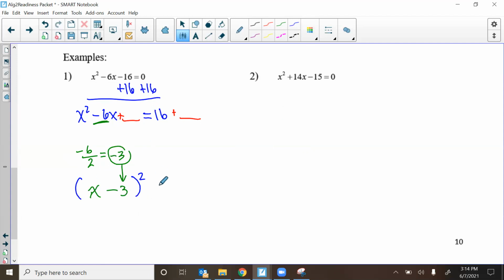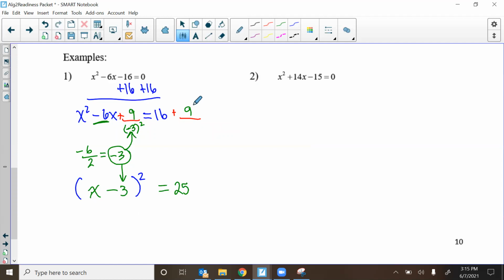That quantity squared will equal whatever's over here. So I got to figure out what's going to go there. So I'm going to do -3 squared. Please be careful. A negative squared is a +9. So then I'll add 9 to this side also, and I will get 25. So I kind of did this side all together. And then whatever you add on the left side, you got to add on the right side.